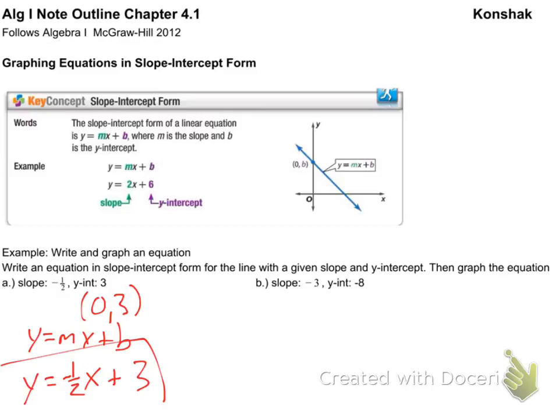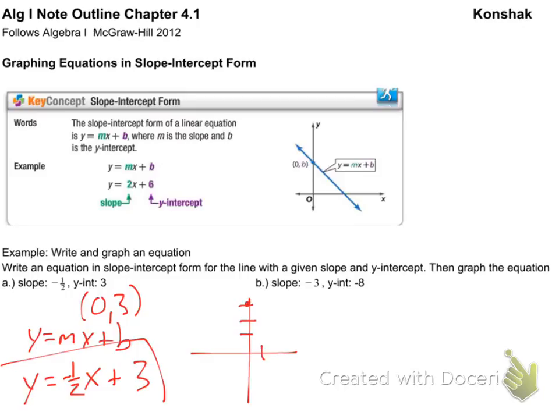And here's the cool thing, guys. We used something else like slope when we did direct variation equations. But where did all direct variation equations start? At 0, 0. And then we went up and over, right? That k value was their slope. In this case, I need to start at 0, 3.